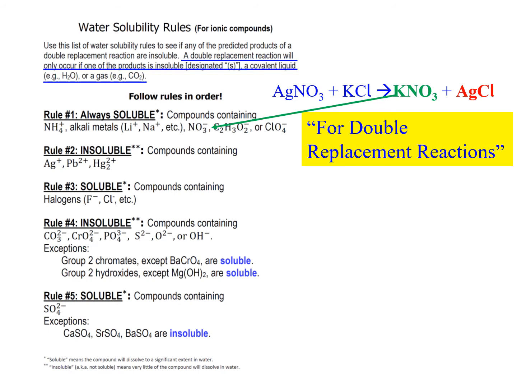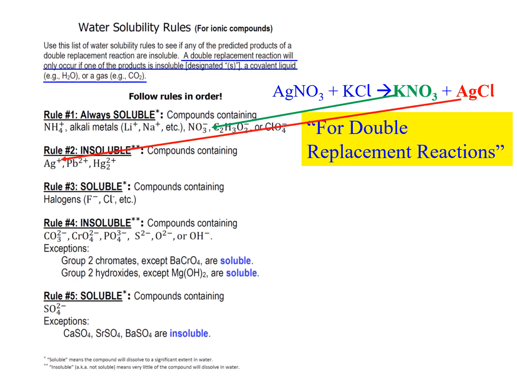But you do not find silver, which has a +1 charge, in Rule 1, and you don't find chloride, which has a -1, in Rule 1. We do see things that have chlorine in it, like the perchlorate on the end of Rule 1, but you don't see chloride by itself. You do see silver in Rule 2.